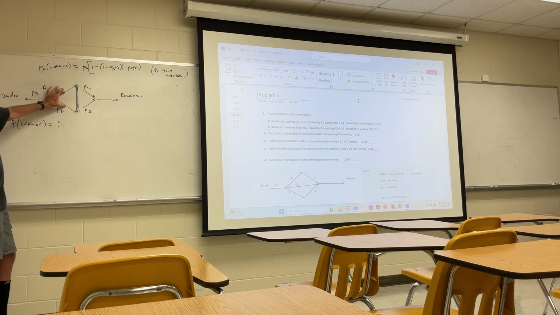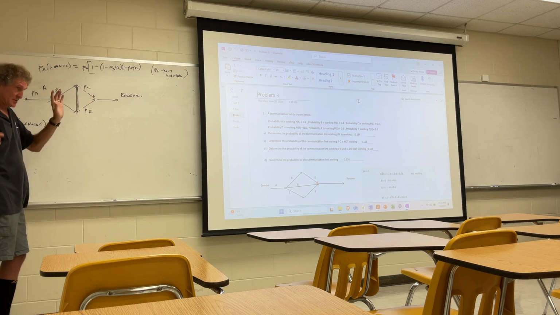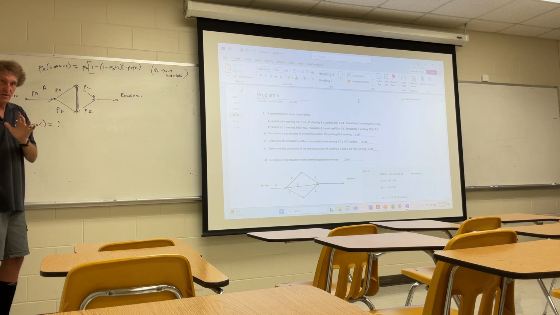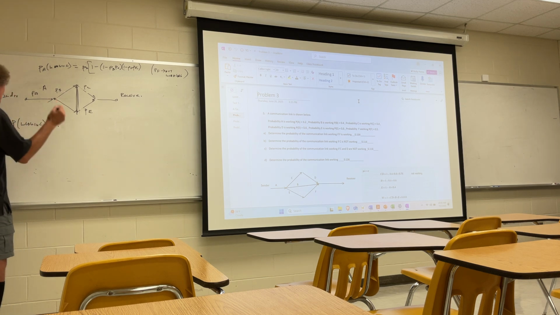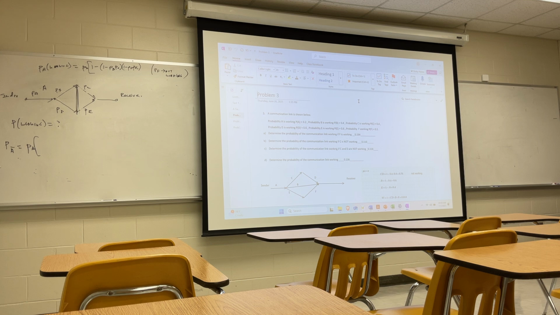I want you to see this. You agree? I got 2 in parallel there, right? And then once I reduce it, I have 2 in series. Can you all see this? With me? Now, I'll call this PA bar or something. So this is where the middle leg is working. So what would that be? Well, call it PA bar. It's always going to have the PA there, right? No matter what I do, that stays. Can you all see that? With me? I want to slow down. Can you see in the back?